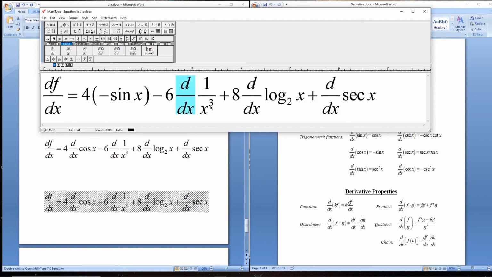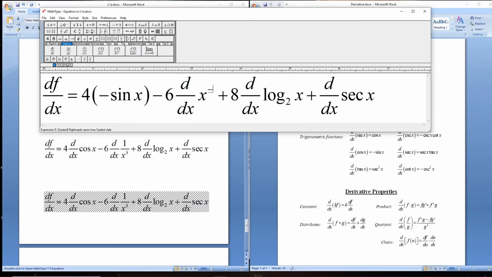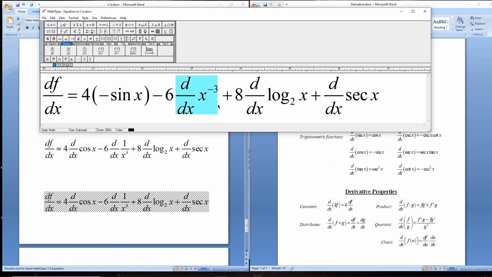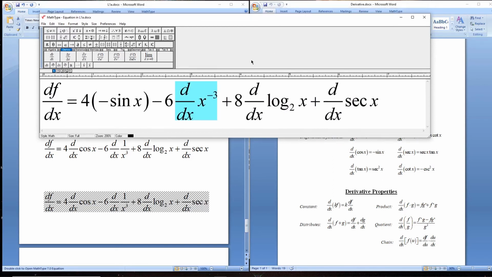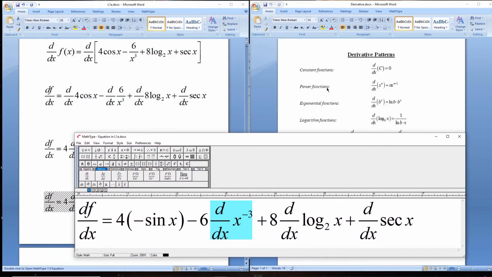What about this next derivative? 1 over x cubed. Remember, 1 over x cubed we can write as x to the minus 3. And then what is the derivative of x to the minus 3? Again, you identify this as a square. Going back to pattern recognition, identify this as a power function.